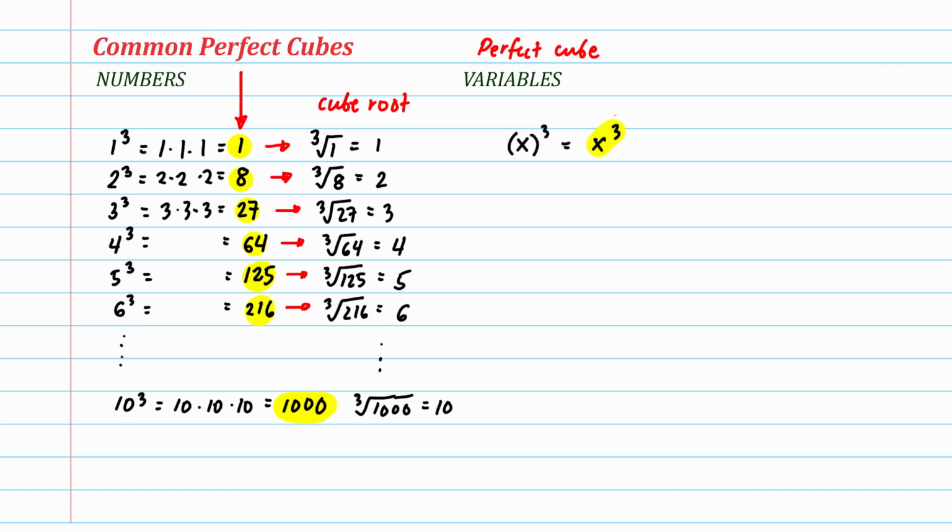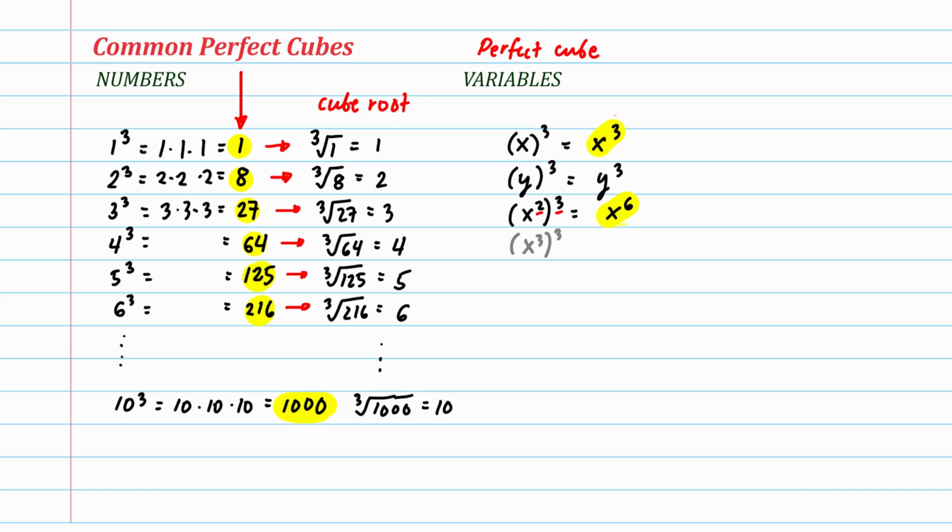X cubed is x cubed, of course. Y cubed is y cubed, of course. Now, how about x squared cubed? It means applying the rules of exponents, multiply their exponents 2 by 3, thus it's x to the 6th power.